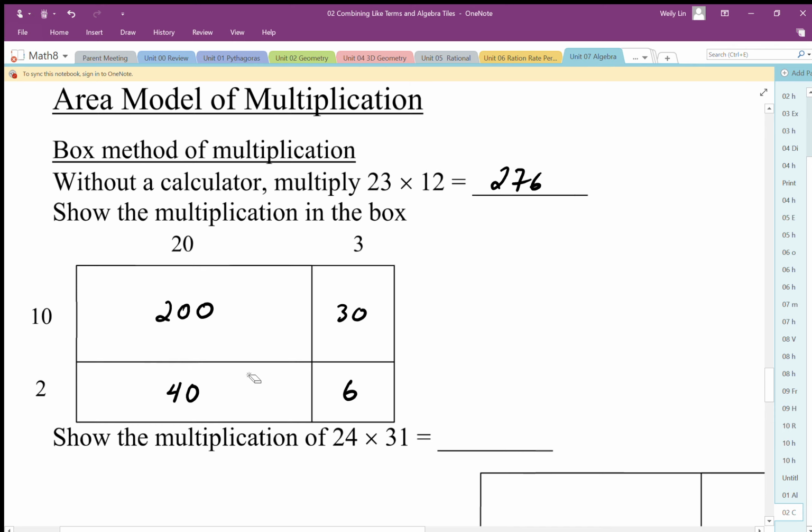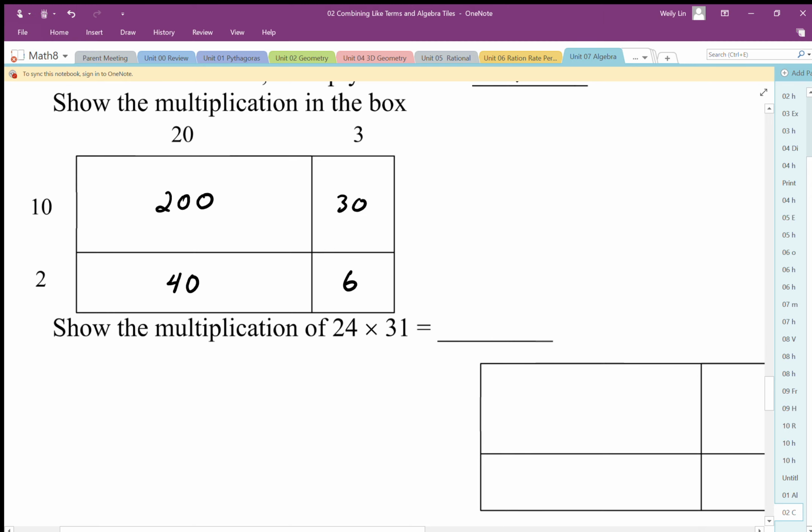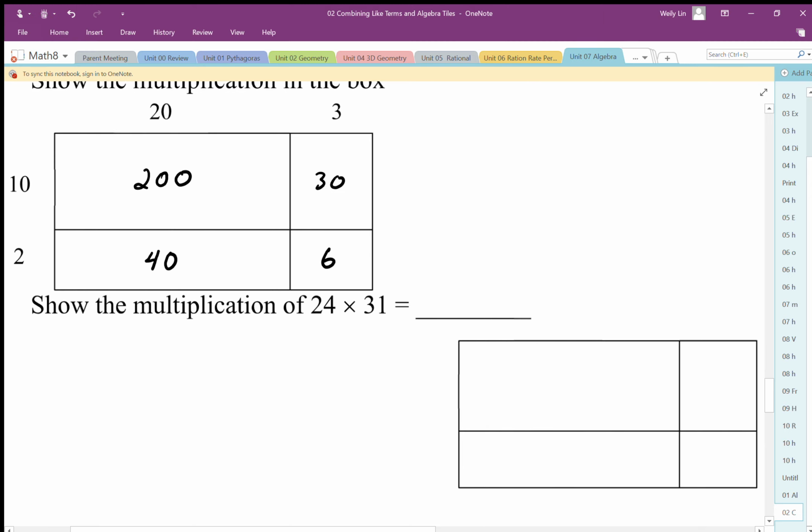And the reason is because this area has to be conserved. Whether we have one whole length of 23 or break it up into 20 plus 3, the area stays the same. When we multiply 24 times 31, I'm going to maybe do this, 30 plus 1, 20 plus 4. So this is 600.